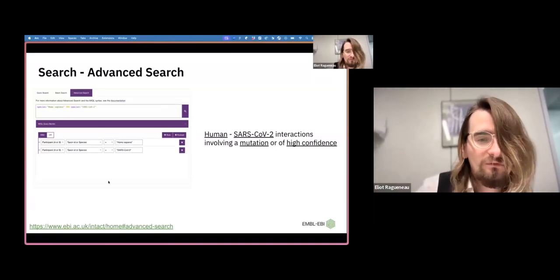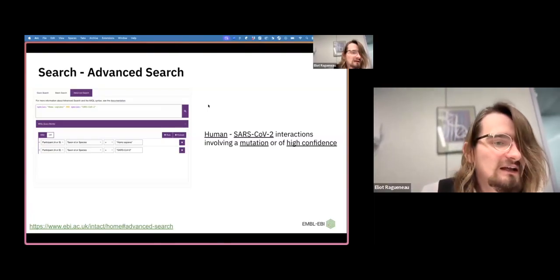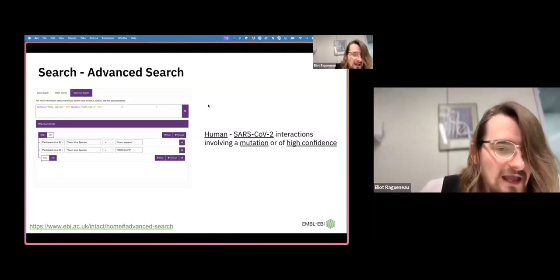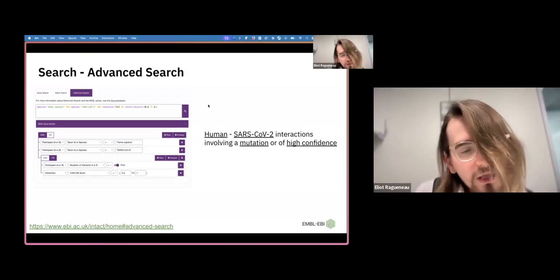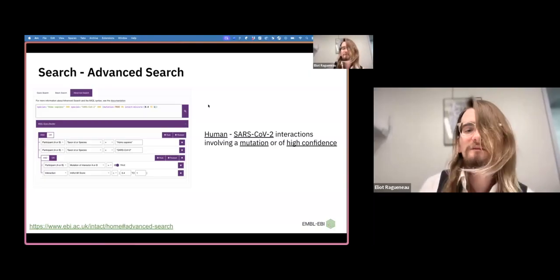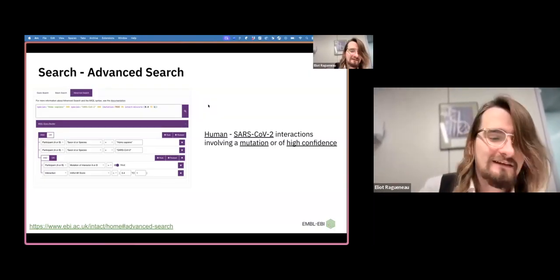Both are synchronized with one another. So you can say species is Homo sapiens and SARS-CoV-2, because you have two participants. And then you have either mutation or high MI score. And this will give you results containing all the data that we have available corresponding to that exact query.